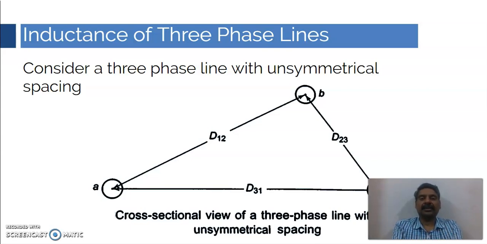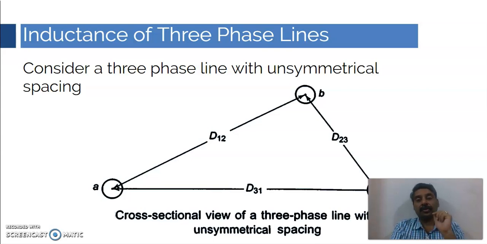So obviously there will be a difference in the inductance of conductors A, B, and C. Even though you apply a balanced voltage of the same magnitude from the sending end across all these three conductors, by the time you observe the voltage at the receiving end, the voltages measured are not symmetrical, they are unsymmetrical. That is because of the unsymmetrical spacing among the three conductors in the three-phase line.